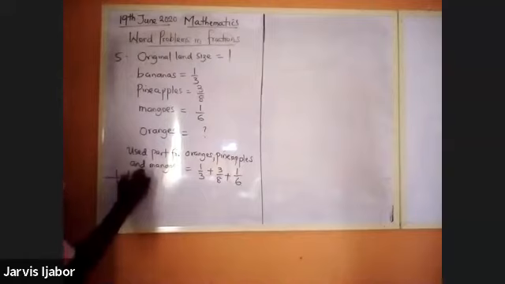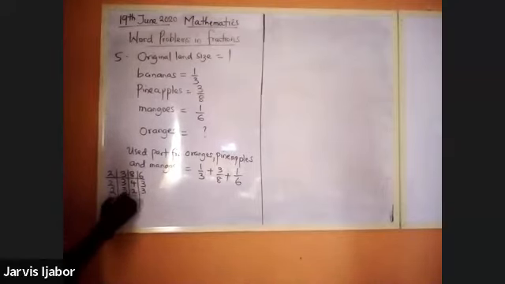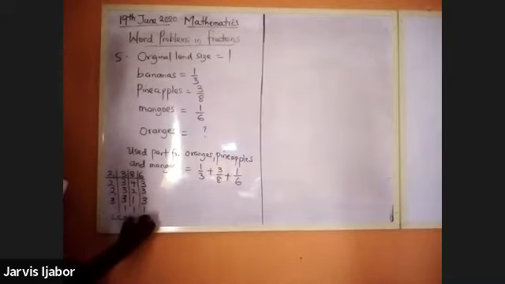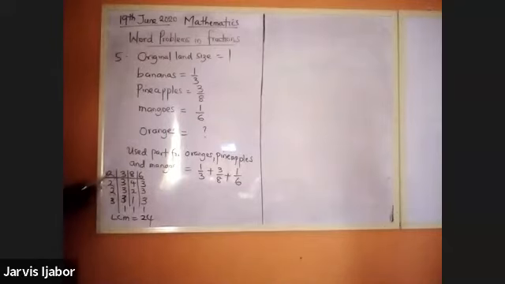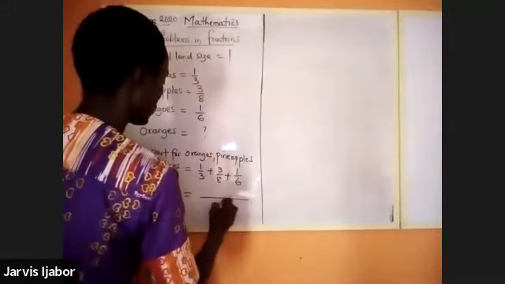So this particular LCM, 8 and 6. 2 go here, I have 3, 4, 3. 2 go here, I have 3, 2, 3. 2 go here, I have 3, 1, 3. And 3 go here, I have 1, 1, 1. So LCM will be equal to 24. How did I get 24? 2 times 2, 4 times 2, 8 times 3, 24. So my LCM here will be 24.